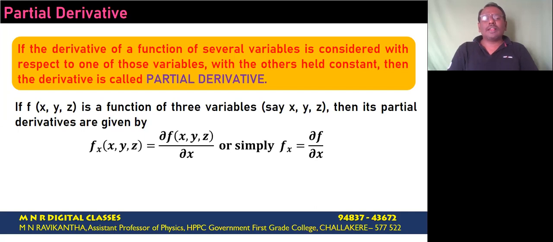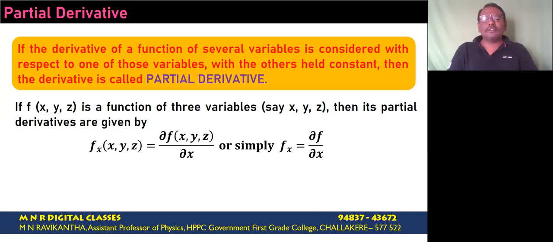If f(x, y, z) is a function of three variables, that is, in the Cartesian system, the x coordinate, y coordinate, and z coordinate, then its partial derivative is given by f_x(x, y, z). Here the suffix x refers to the variable being only x, while y and z are considered to be constants.